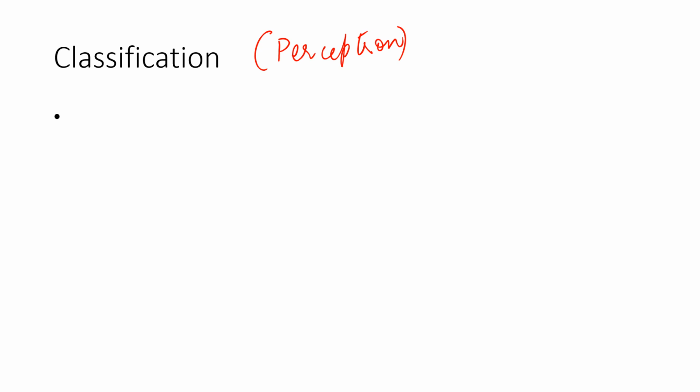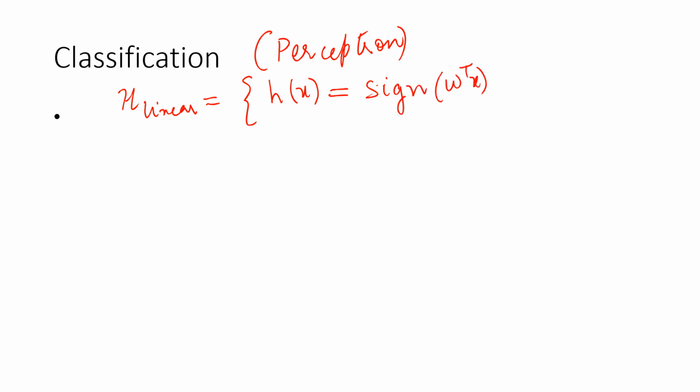So for the linear classification hypothesis set, we can write down that this set looks something like this. h of x equals sign of w transpose x. We already know this, but as I said, I'm revisiting where my w essentially belongs to the d plus 1 dimensions.